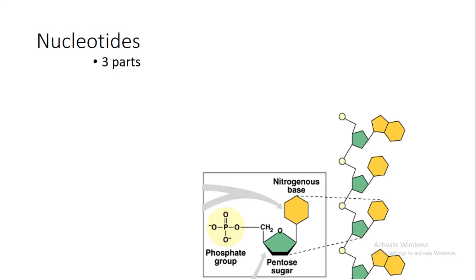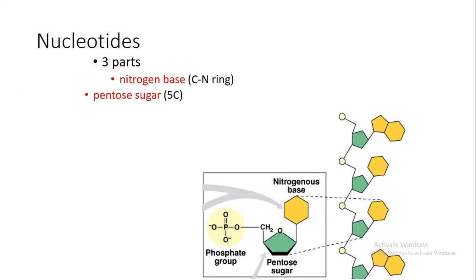The first part is the nitrogenous base, the one which has been circled there in red. I hope you are able to see it. The nitrogenous base can either be a purine or a pyrimidine.